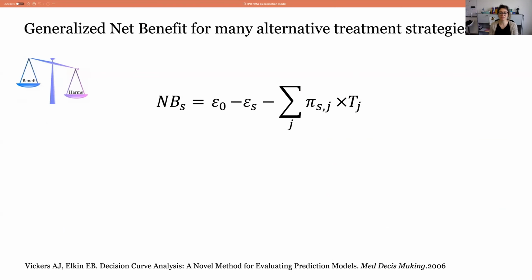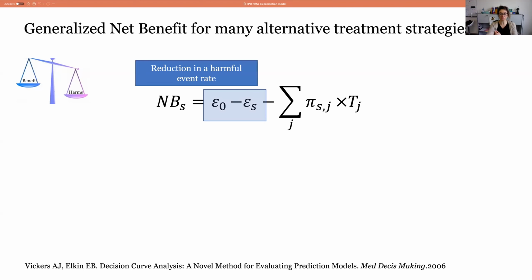And now this is the formula we came up with for estimating the net benefit for many alternative treatment strategies. The first bit, epsilon null minus epsilon S, where S defines the strategy, is the reduction in a harmful event rate. That's the difference between the probability to relapse under placebo minus the probability to relapse under strategy S treatment recommendation.